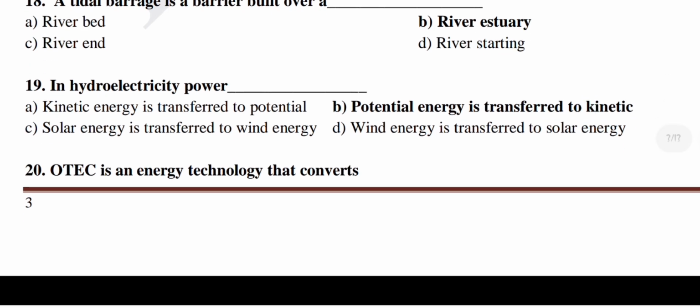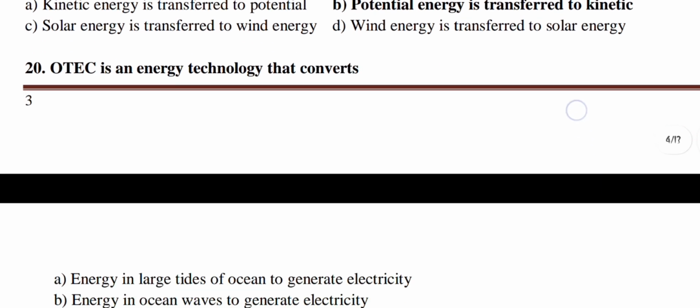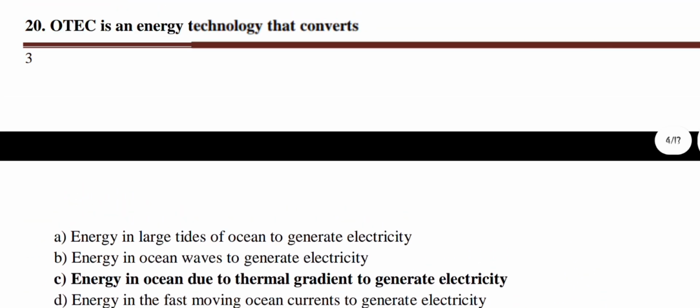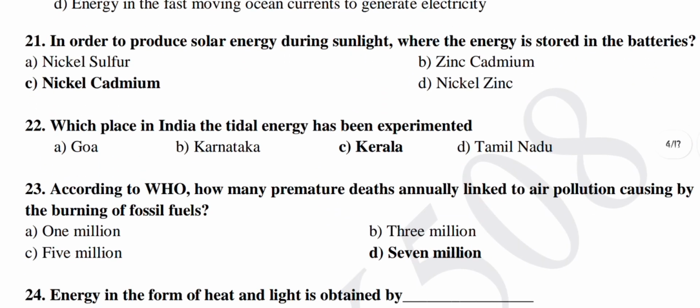The 19th, in hydroelectric power, potential energy is transferred to kinetic energy. The 20th, OTEC is an energy technology that converts the energy in the ocean, due to thermal gradient, to generate electricity. The 21st, in order to produce solar energy during sunlight, where is the energy stored?